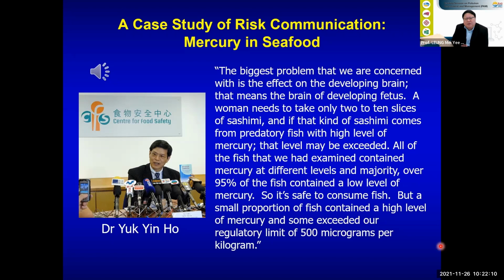All the fish that we have examined contain mercury at different levels. And the majority, over 95% of the fish, contain a low level of mercury. So it's safe to consume fish. But a small proportion of fish contain a high level of mercury, and some exceeded our regulatory limit of 500 micrograms per kilogram.